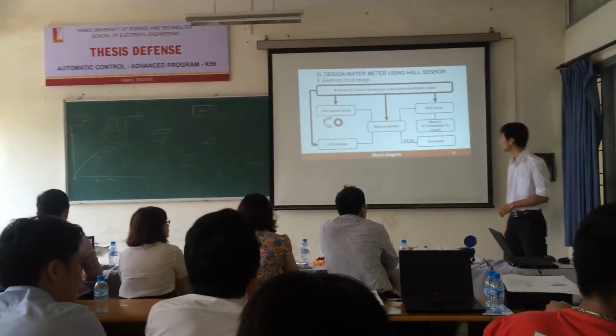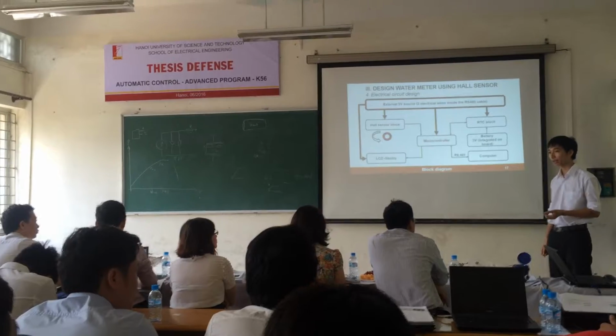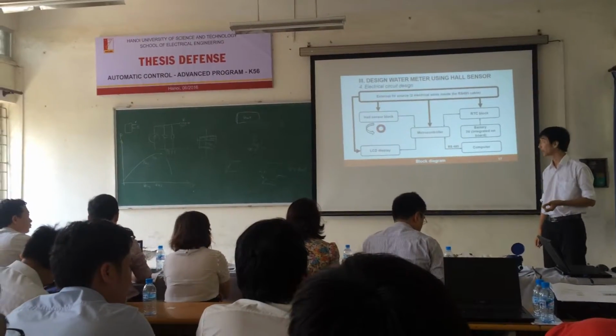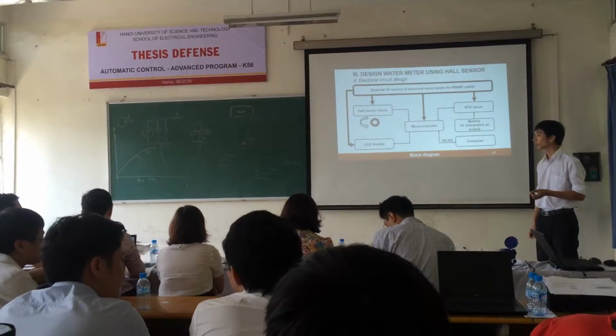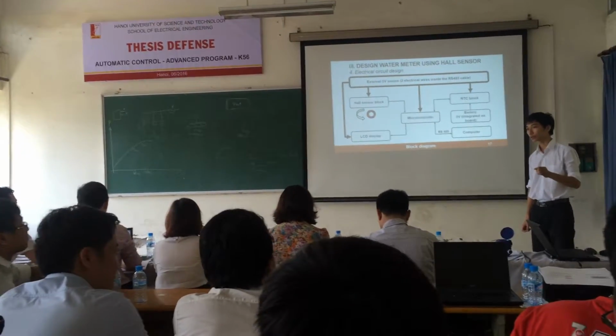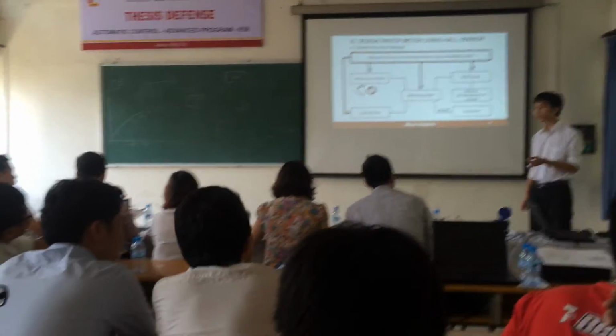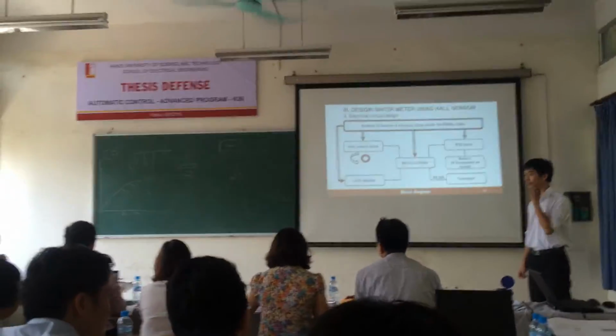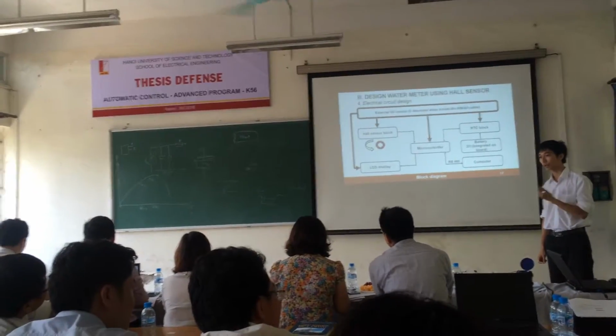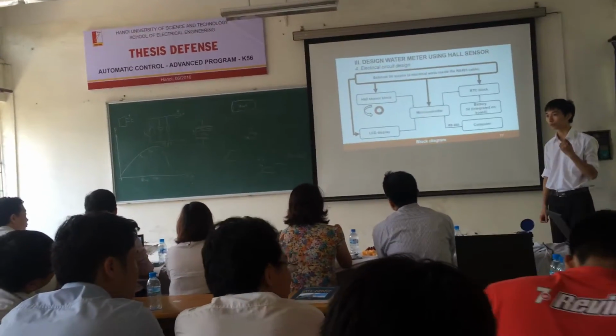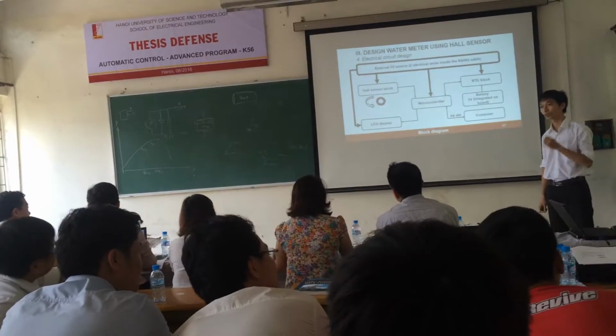Why I choose three pairs instead of 5 or 7 pairs is because in one rotation, I know that the more pair poles there are, the more the accuracy will increase.